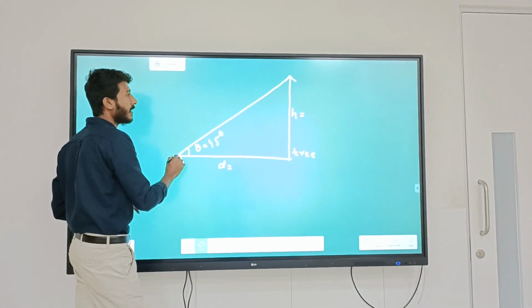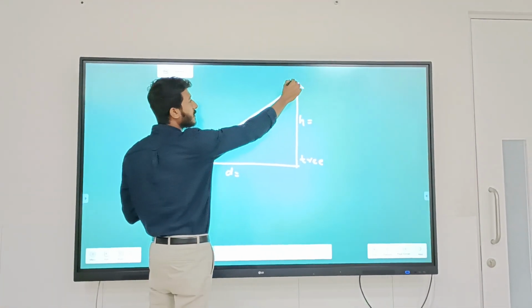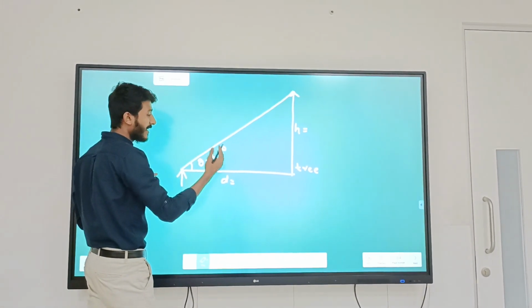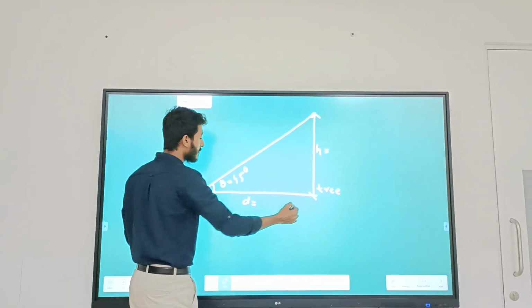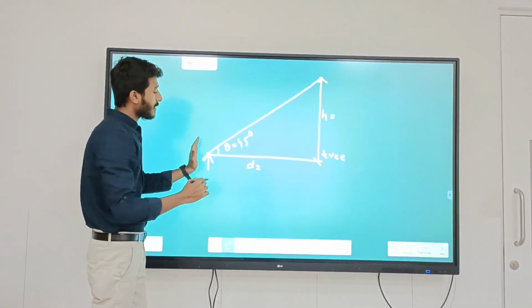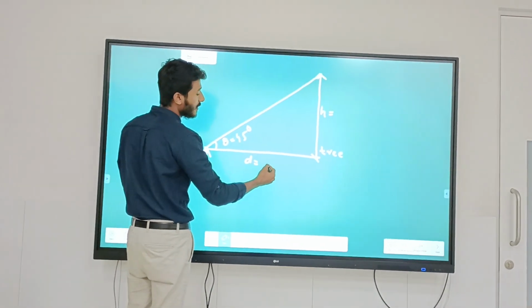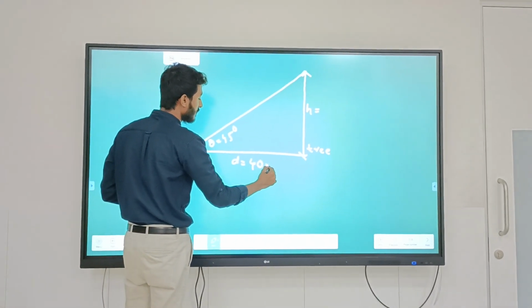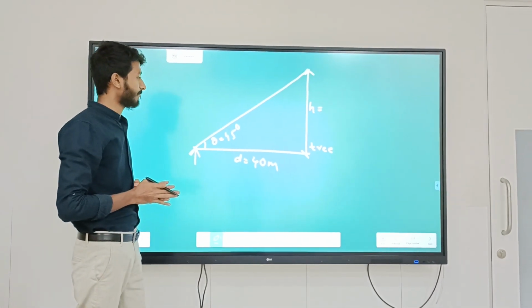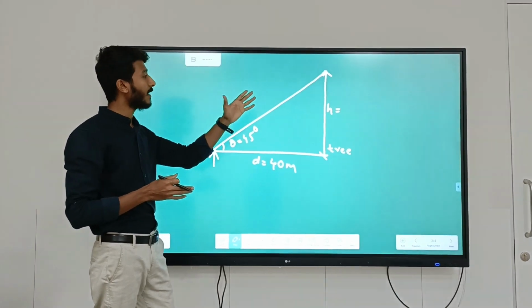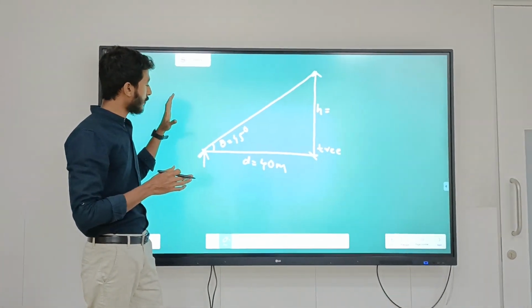We are looking from this point to the top of the tree. The distance from the foot of the tree to the point we are standing is some length, d equal to 40 meter. We need to find the height of this tree.